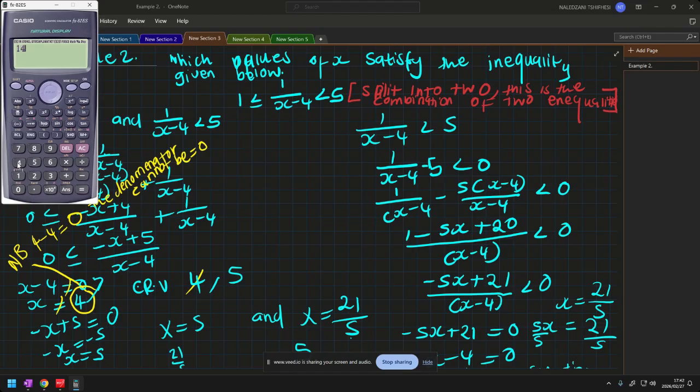1 over 4.3 minus 4 is equal to, right? Let's put 4.4, let's put 4.2.